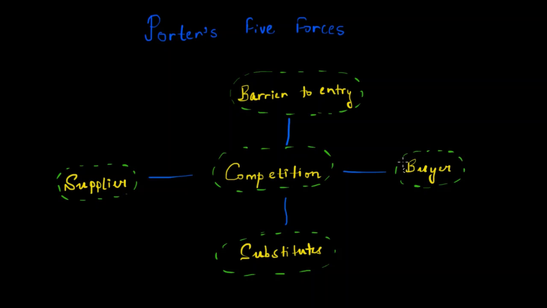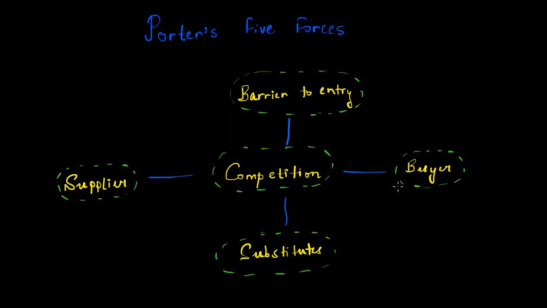Then the other factor is power of buyers. If you are trying to enter an industry, you will manufacture either goods or sell some services, so ultimately your end customers would be the buyers. They could be consumers, or they could also be enterprises. You may be selling in the B2B model, or in the B2C model. Here buyer refers to the entity which will buy your product or service. Again, as we discussed for the power of suppliers, you should also consider the power of buyers.